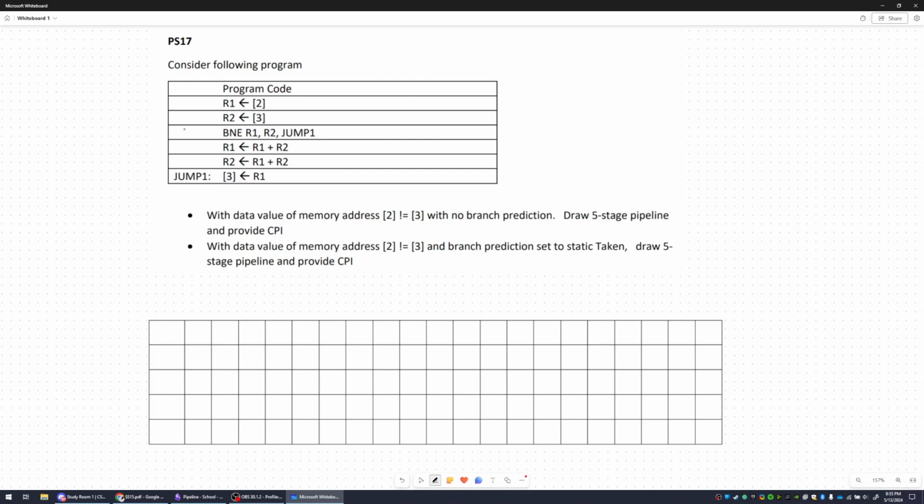Okay. Consider the following program. Lines 1, 2, 3, 5, 6. The 2 is not equal to 3. No branch prediction.